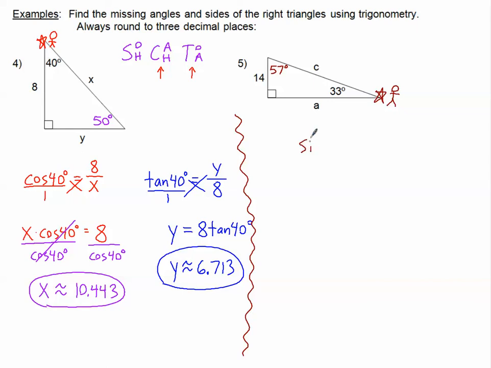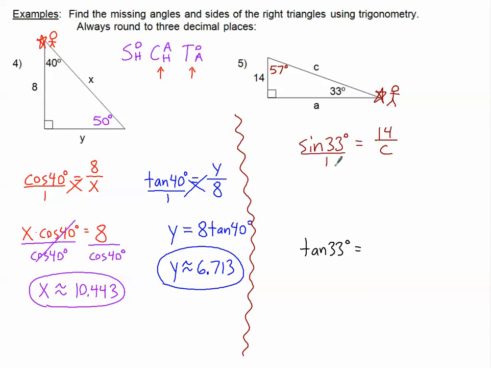So I'm going to set up a sine ratio with my 33-degree angle, and I'm going to set up a tangent ratio with my 33-degree angle. I'm standing at the 33 degrees, and I have my opposite side. So the sine is the ratio of the opposite to the hypotenuse, 14 divided by c.